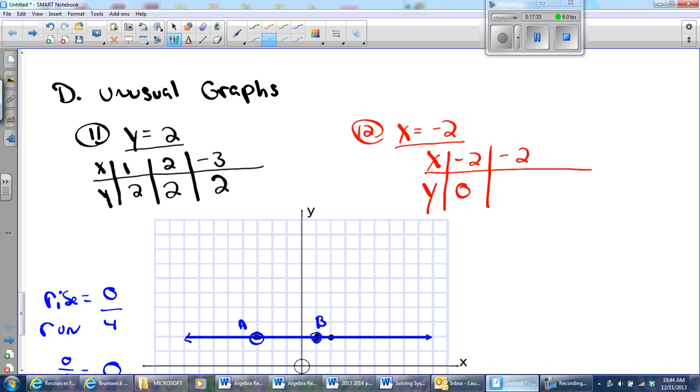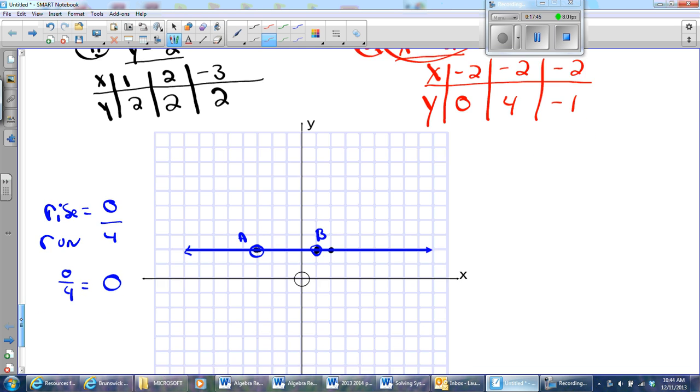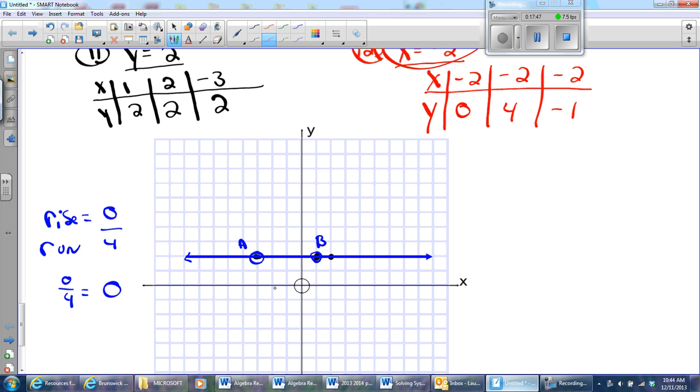It's -2. Why? Because it's -2 right there. All right, maybe I'll put 4 in. Okay, let's do one more. -2 for X and -1 for Y. Okay, I'm going to come grab these. So I've got -2, 0, which would be right there. -2, 4, which I believe is there. And -2, -1 is right there.